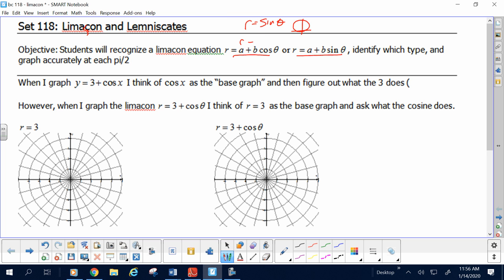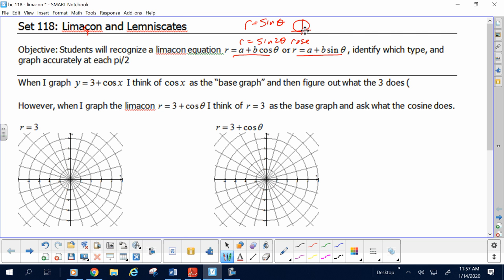Circle. Okay. Sine of 2 theta, when you put a number in front of the theta, that makes a rose. Depending on whether the coefficient is even or odd, you might get the same number of petals or double petals, right? Now, today's a new kind of change or transformation to the graph.